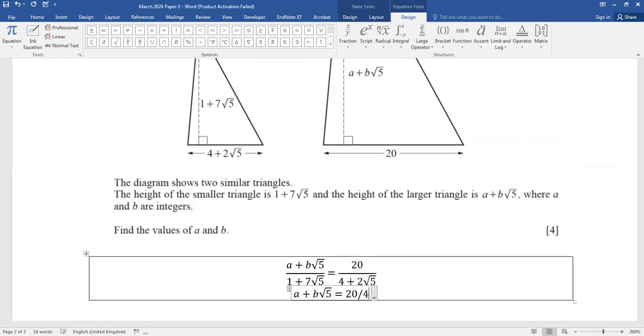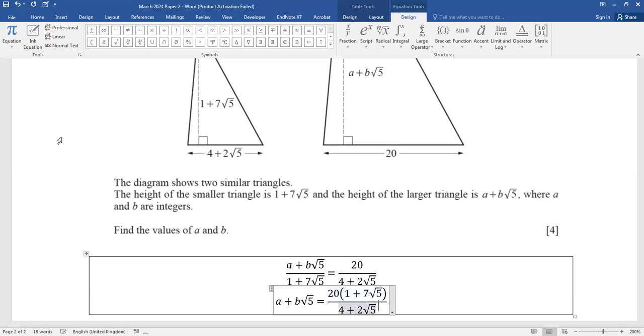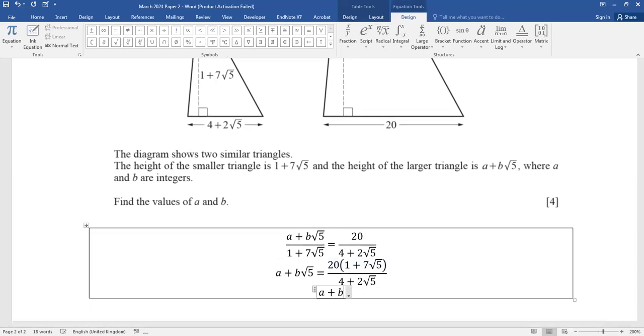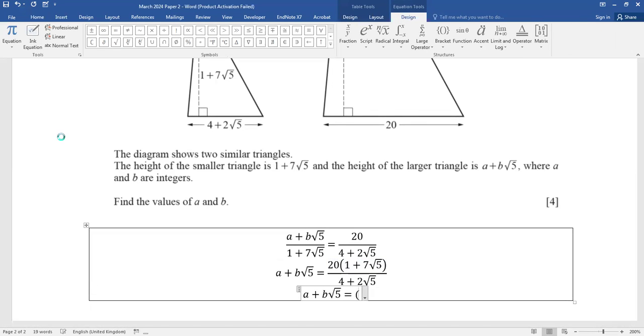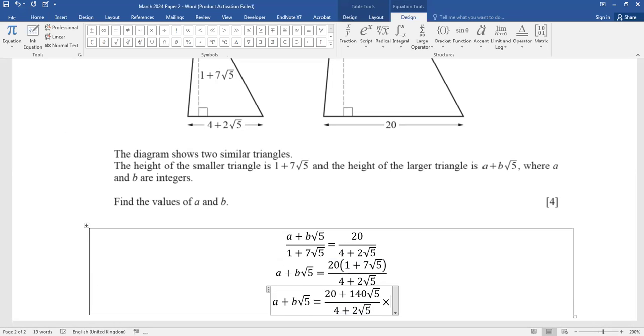So 20 over 4 plus 2 root 5, and 20 will be multiplied by 1 plus 7 root 5. So a plus b root 5 is 20 plus 140 root 5 upon 4 plus 2 root 5. Now we'll eventually rationalize it.